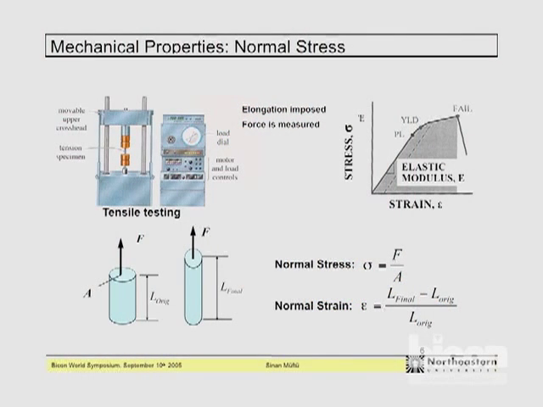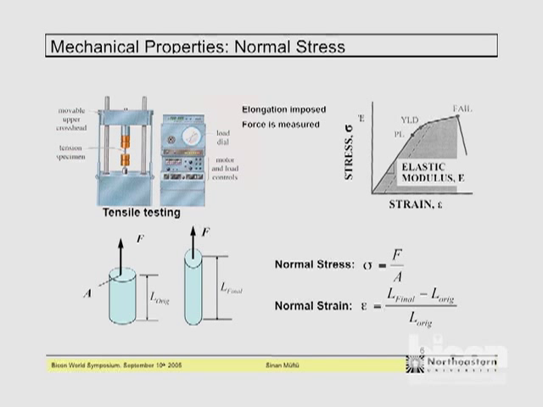In engineering, it turns out that force and elongation are not scalable to generic laws, but stress and strain are. When we plot the results of such a test, on the vertical axis we get the normal stress, and on the horizontal axis we get the normal strain. The proportionality constant for this normal stress, normal strain relation is known as the elastic modulus.